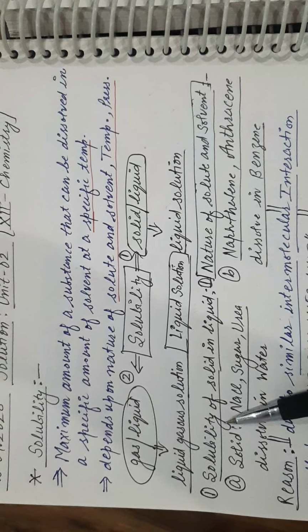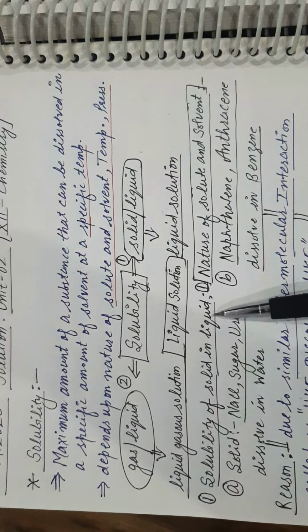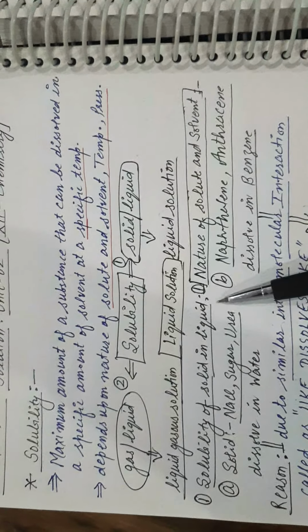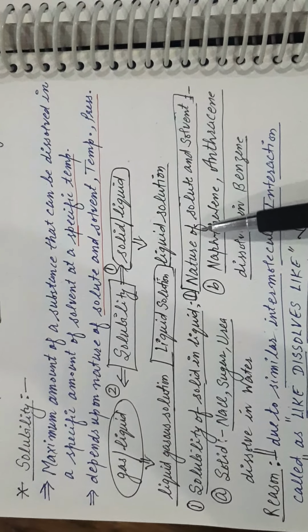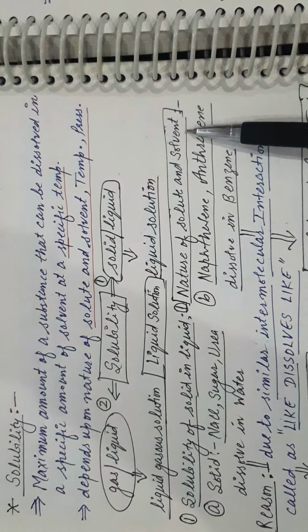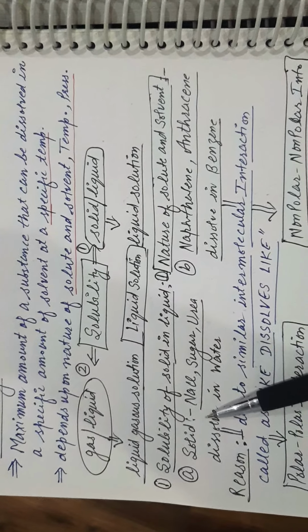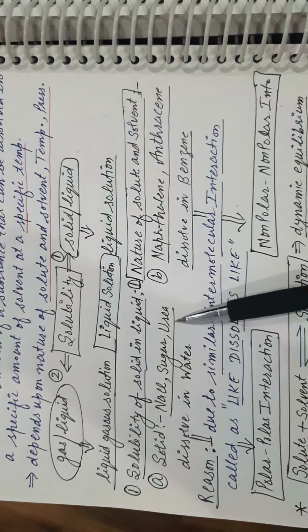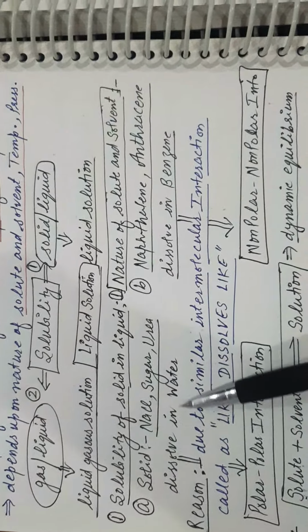First is the solubility of solid in a liquid, called solid in liquid type solution, and it depends on some factors. First factor is the nature of solute and solvent. Solids like NaCl, sugar, urea, different types of salt easily dissolve in water.